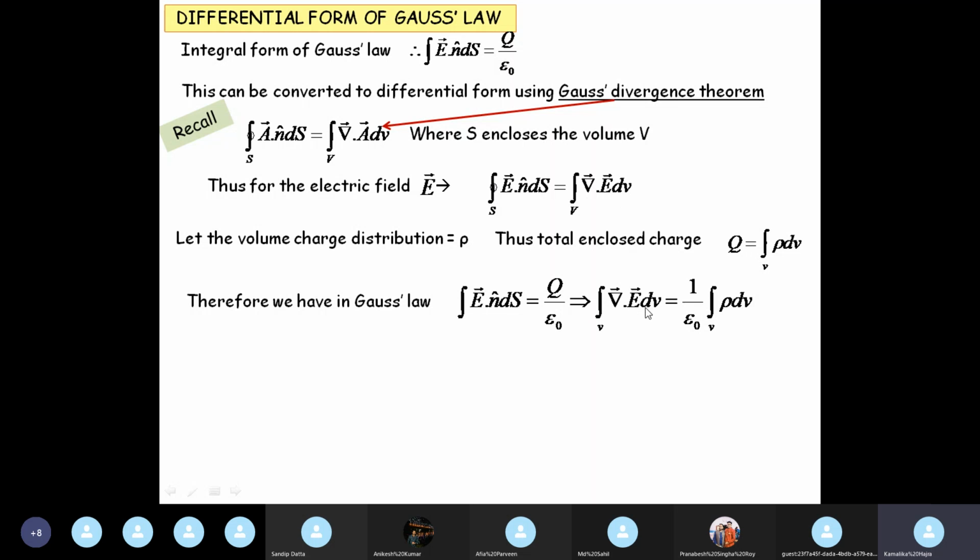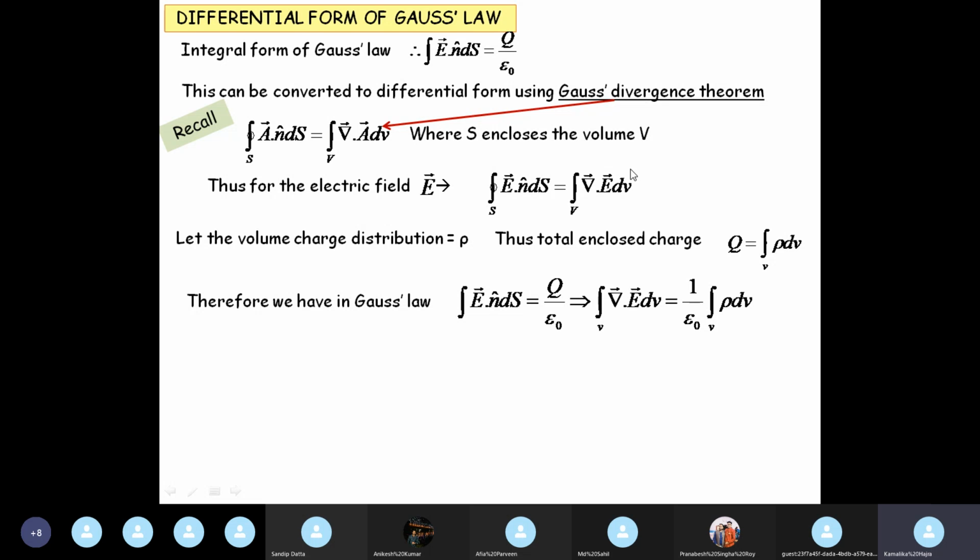using Gauss's divergence theorem. And in the right hand side of the equation of Gauss's law, in place of Q, the enclosed charge, I write this expression of Q. So what is the new form of Gauss's law? In the integral form, Gauss's law is the surface integral of E dot n cap dS equal to Q by epsilon naught.